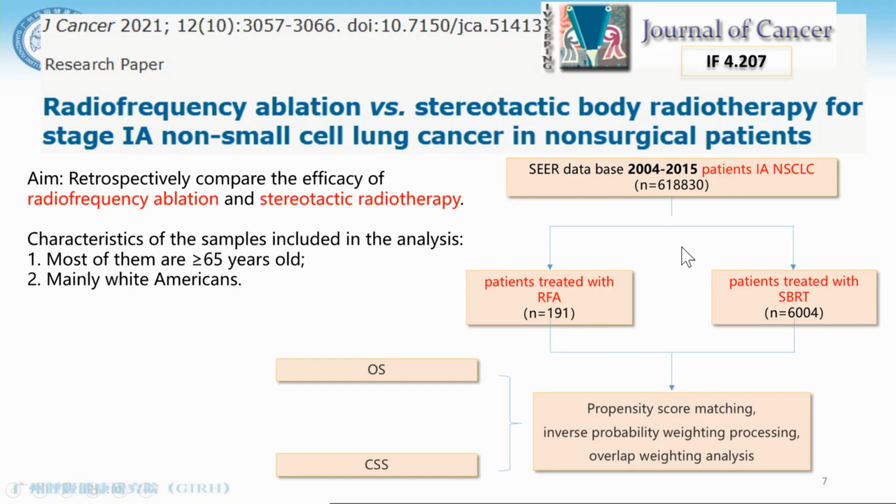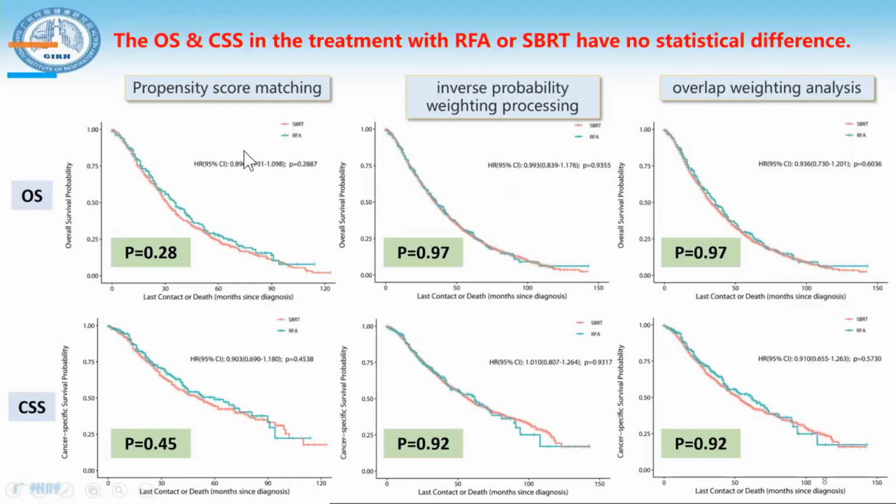I think there are two different groups. One group received treatment with SBRT, and the other group received treatment with radiofrequency ablation. The number of patients for RFA is 191, and the patients for SBRT 6,004.